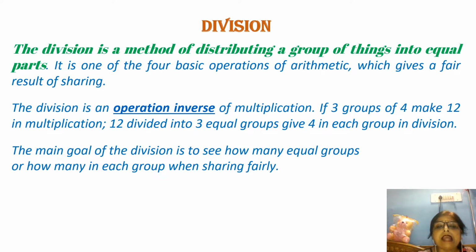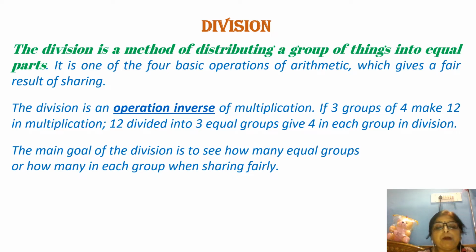Division is the inverse operation of multiplication. You can say it in this way: if three groups of 4 make 12 in multiplication, then in the inverse way, when 12 is divided into three equal groups, it will give 4 in each group.